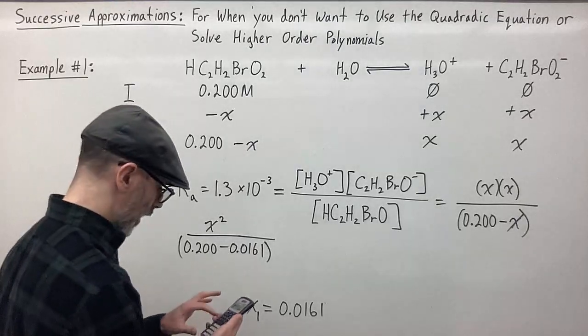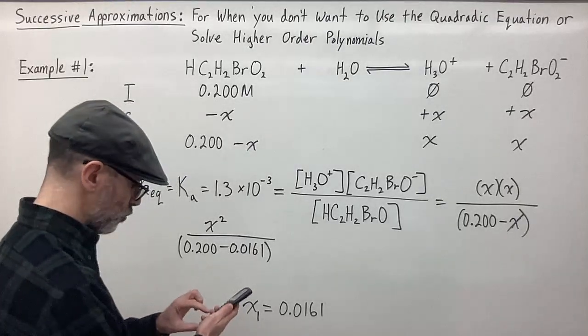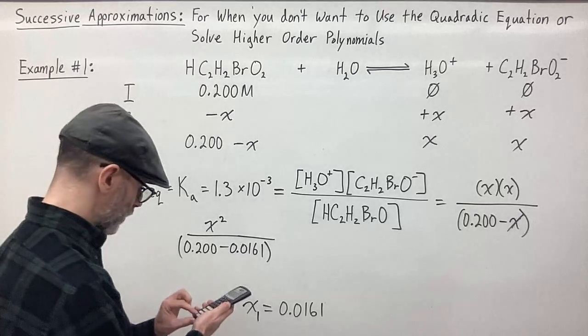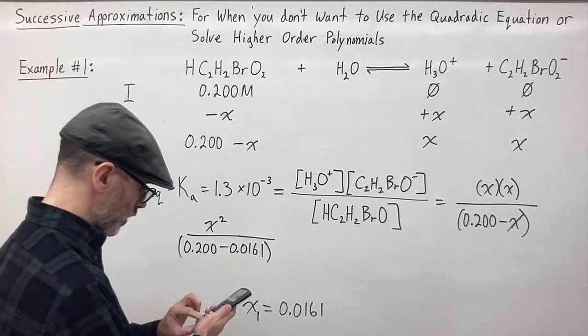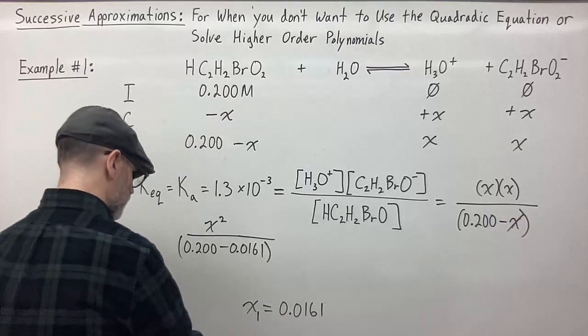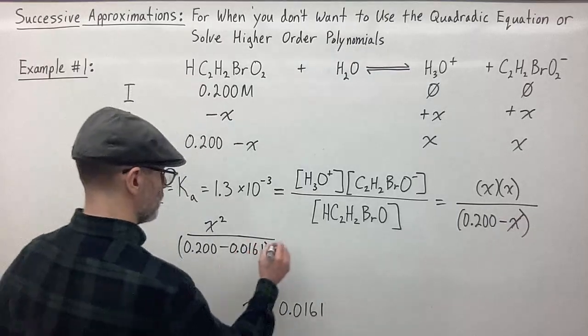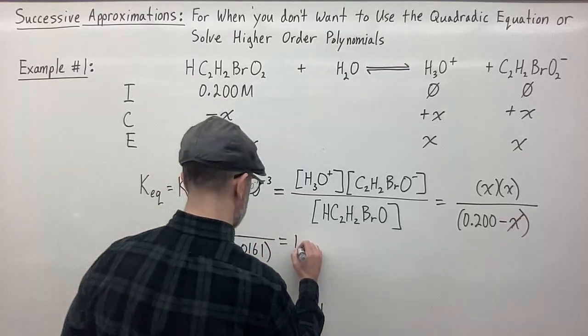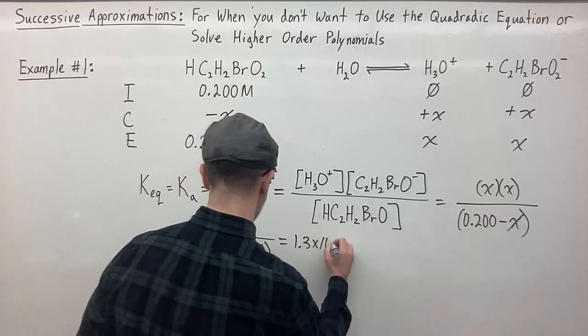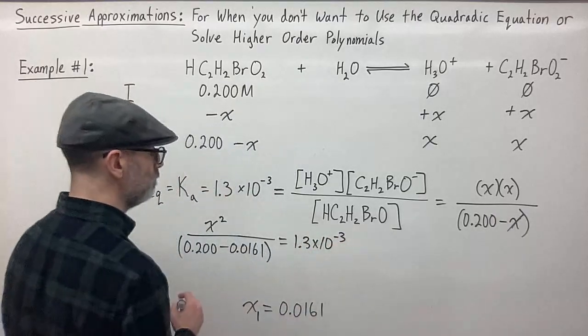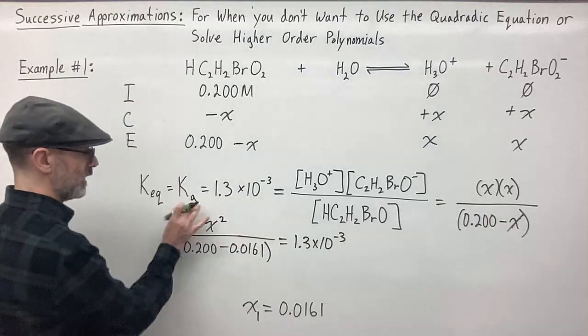So I'm going to subtract. So 0.2 minus 0.0161 equals, and I get, oh, and by the way, this is again equal to 1.3 times 10 to the negative 3, right? So it's equal to the Ka.